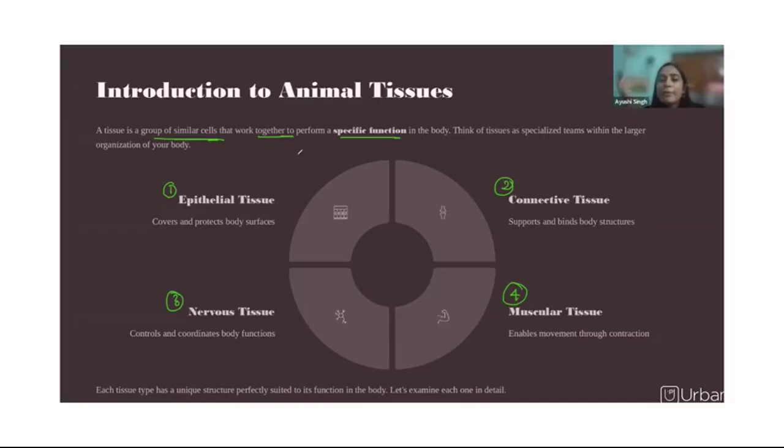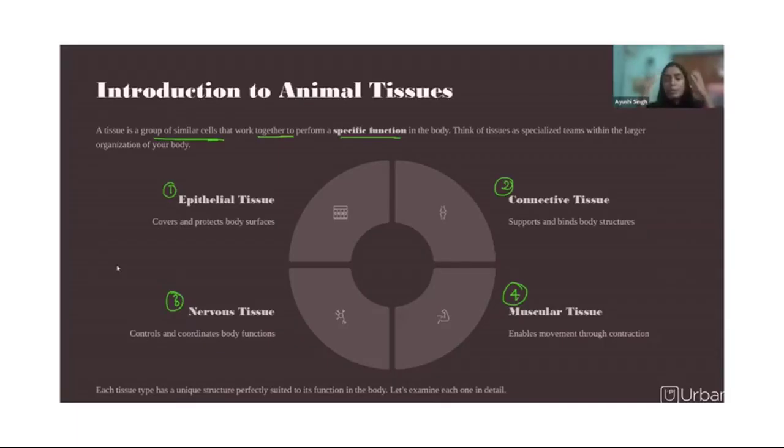The third one could be given responsibility for the audience. So all the different groups get different functions to perform, and similarly, those groups are basically tissues. Now, four kinds of tissues together make our whole body work the way it does. Okay, so let's quickly dive into each one and learn more about it.